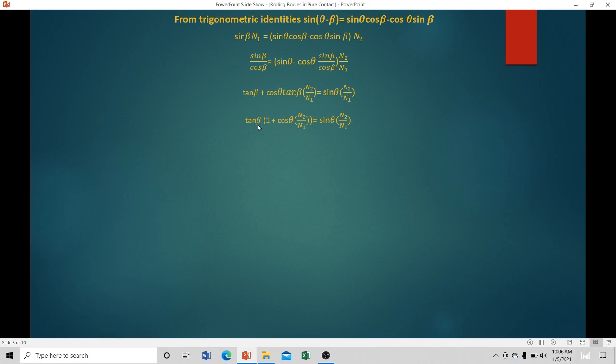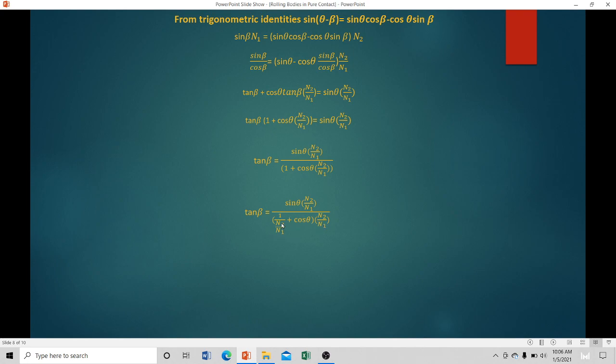If we divide both sides by 1 plus cosine theta n2 over n1, the equation becomes sine theta n2 over n1 all over 1 plus cosine theta n2 over n1.